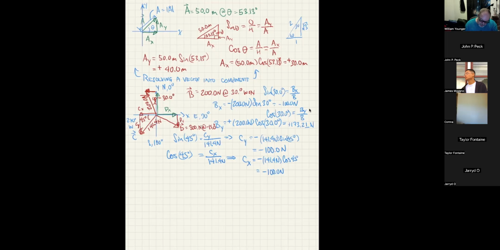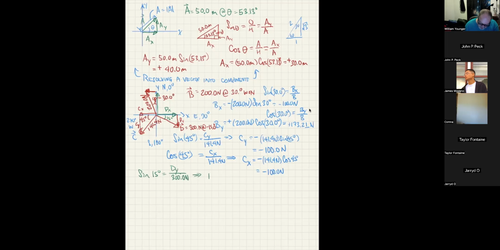Okay. So now again, this part right here is 15 degrees. So I'm going to say sine of 15 degrees is equal to opposite over hypotenuse. So I'm going to call that dy over 300.0 newtons.